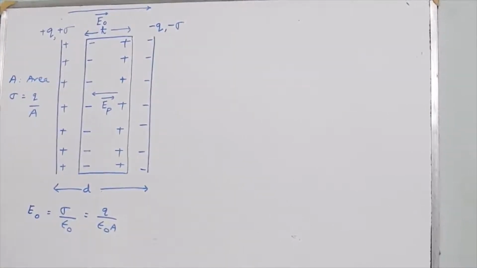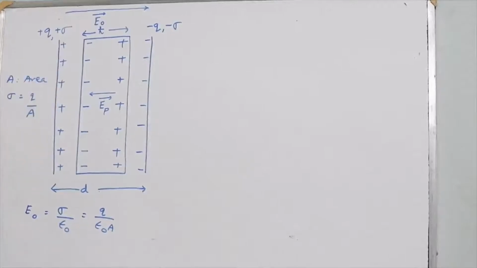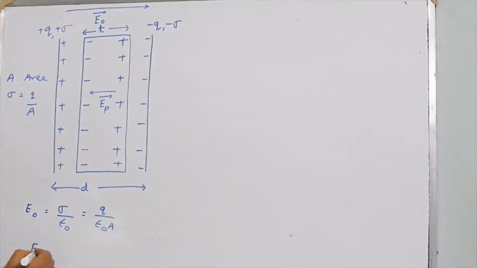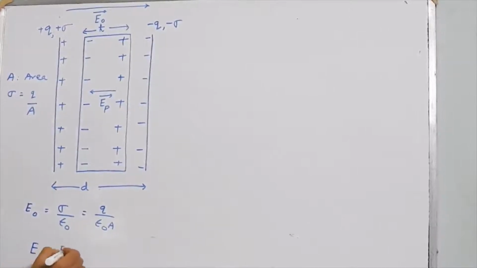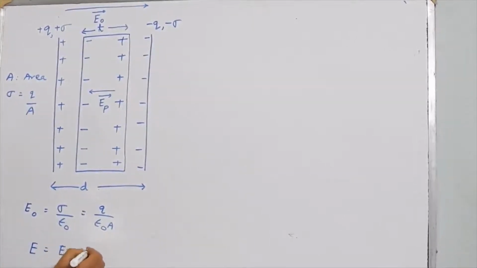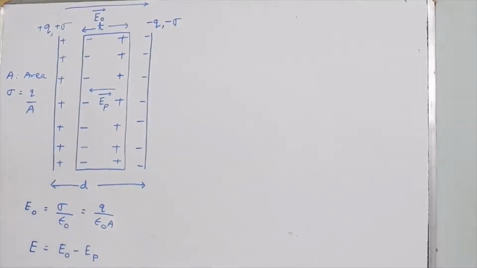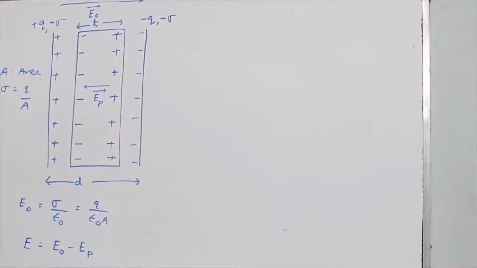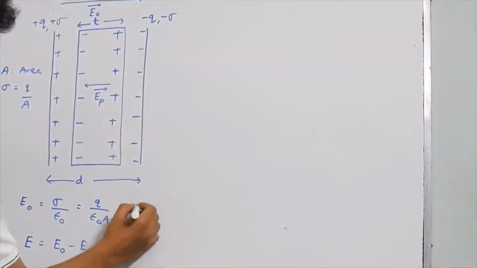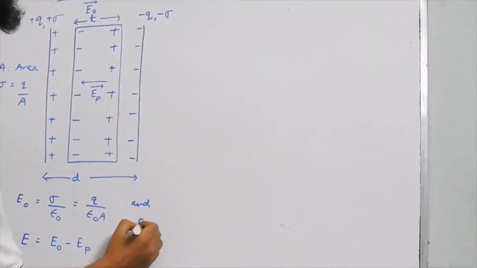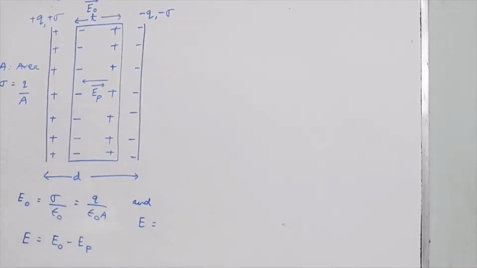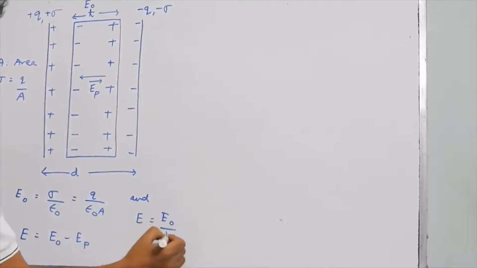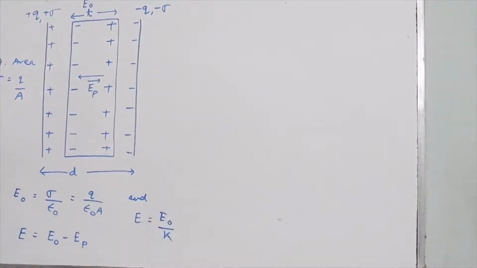In the presence of the dielectric, the field has reduced and the field within the dielectric is now E, which is obviously E0 minus EP that we have already discussed. And we have already realized that E is equal to E0 by K, where K is the dielectric constant of the dielectric.